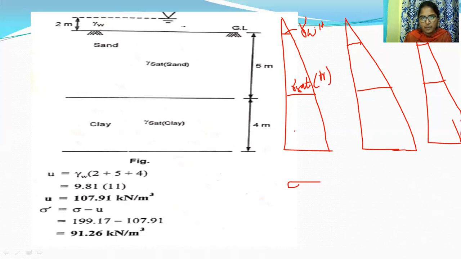Here gamma W into H plus gamma sat into H, plus the third layer gamma sat clay into Z, this way. So pore water pressure is gamma W into H, gamma W into Z. Finally you can get 91.26.